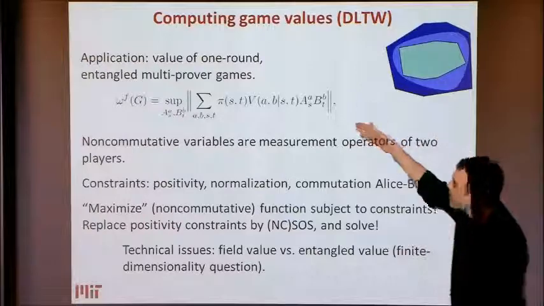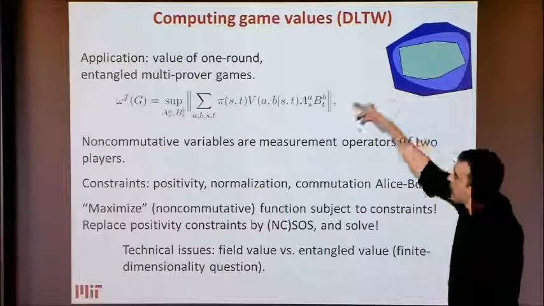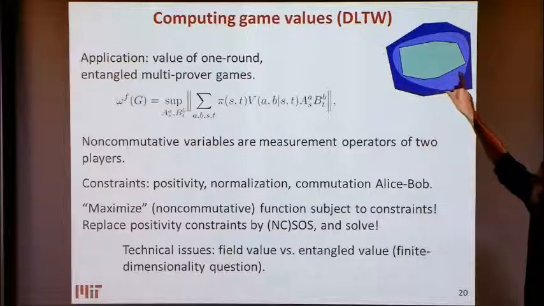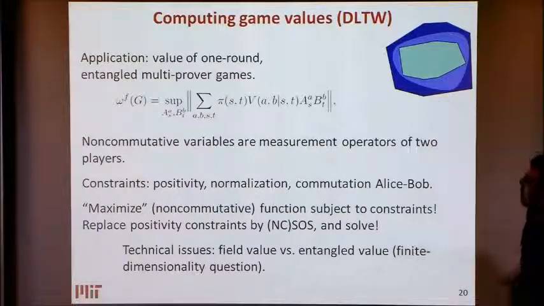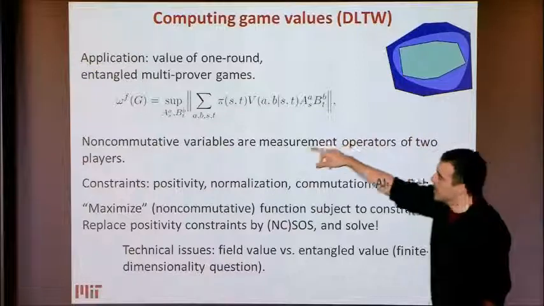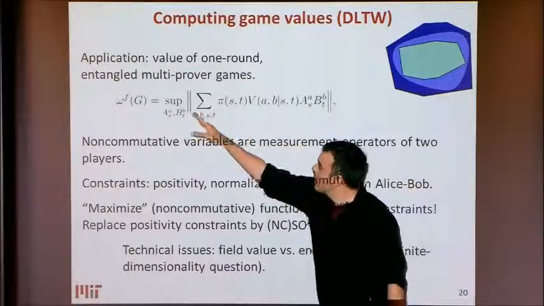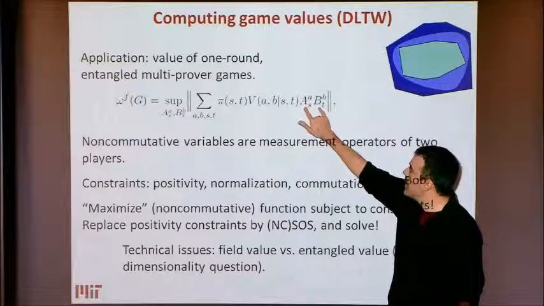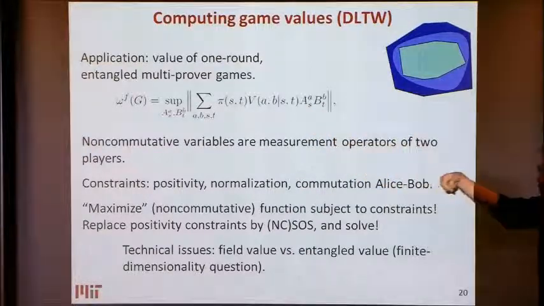And what you would do in this case, for instance, if you want to compute the value of some game of this type, and this is in the paper by Andrew Doherty, Yeong-Cherng Liang, Ben Toner, and Stephanie Wehner: what you're really trying to do is to maximize a function that looks like this over A's and B's, which are the POVMs of the two players.